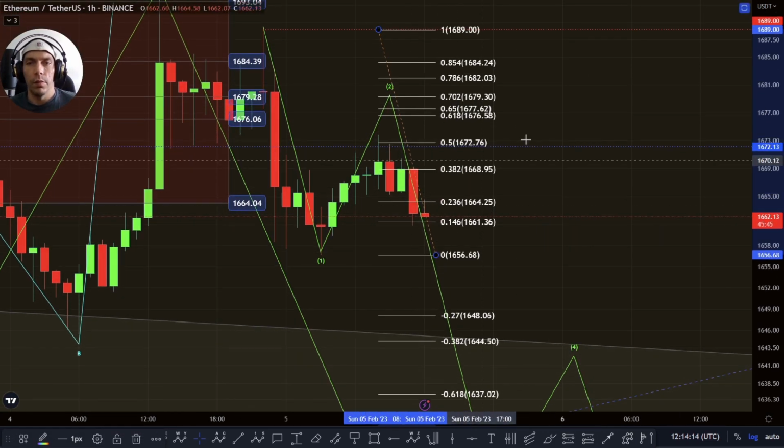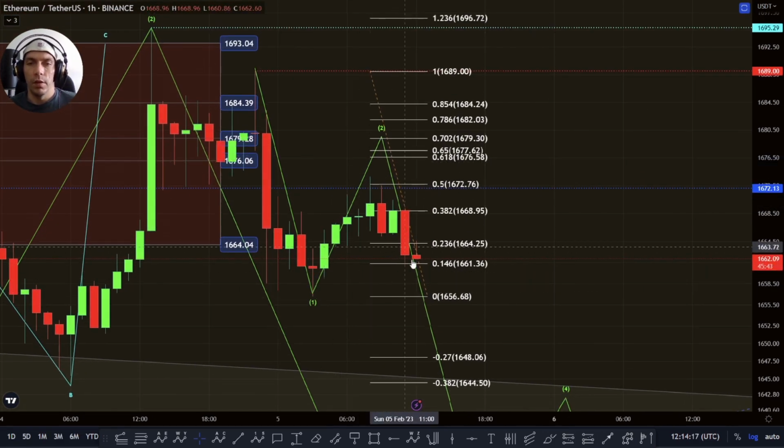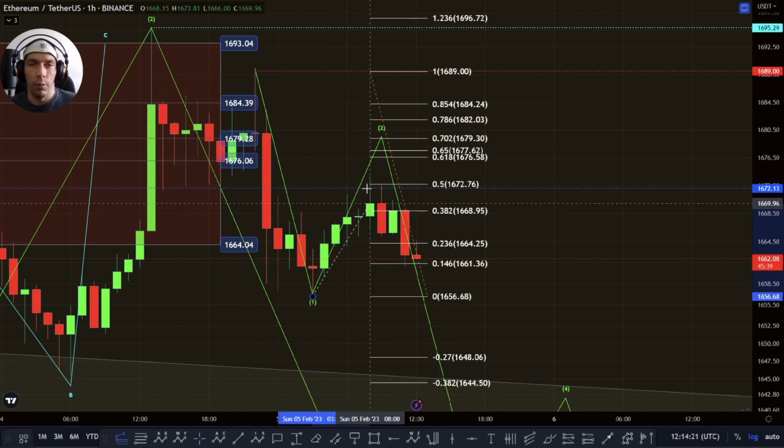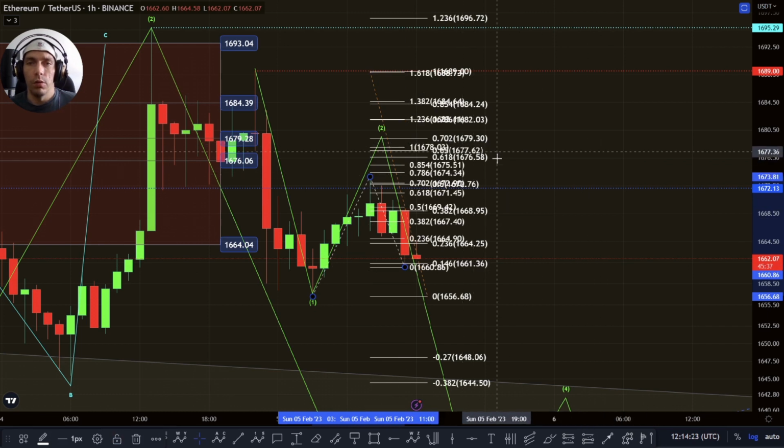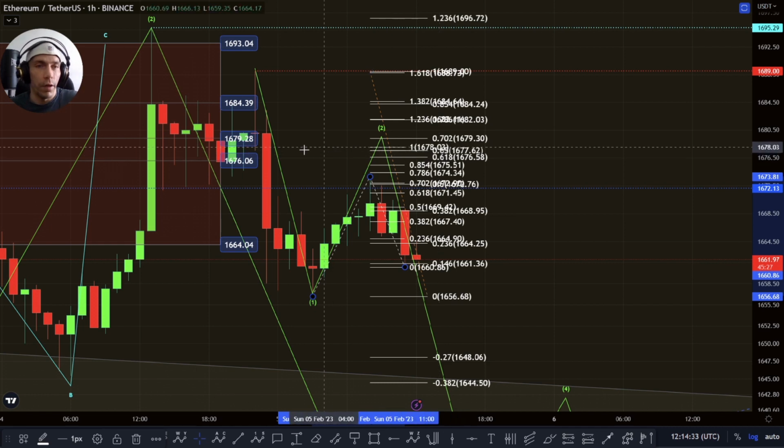We did come up to that 50%, but it is possible we get this as an A, a B, and a C, and we push up one more time for that wave 2 high. 1-to-1 would actually be this 1678, which would take us right up into this zone here of this 0.618 to 0.65 golden pocket. So if we do actually look to push up here one more time, that could be a little zone we look to extend up to.